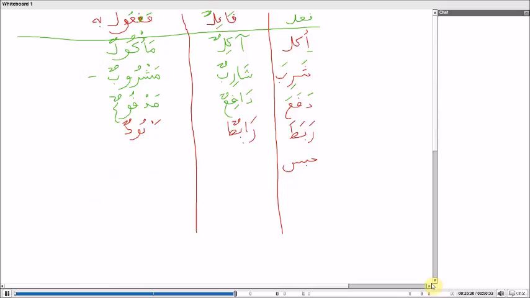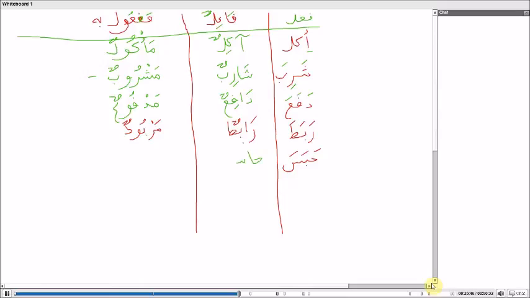Now we have the last one. And this was by no intended purposes, Ya Abdullah. Habasa. To arrest. He arrested. How would I write this, Abdullah, the fa'il? Habisun.